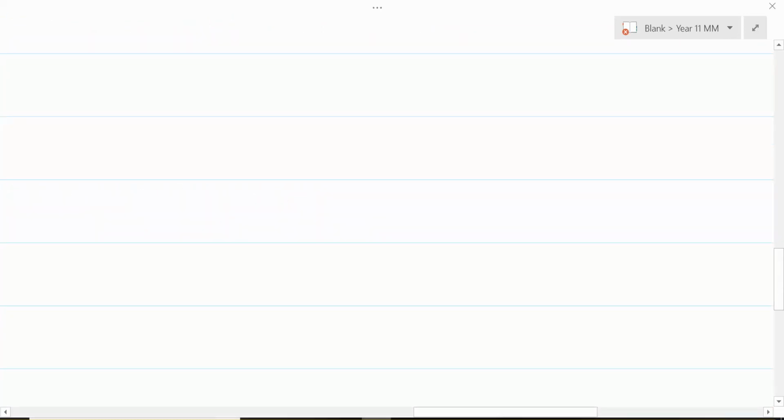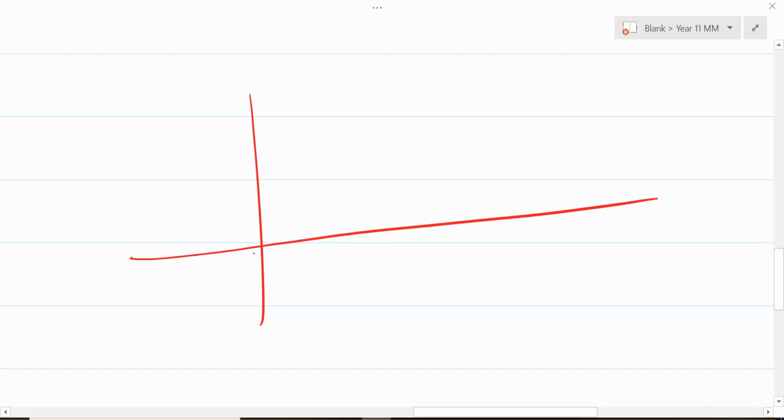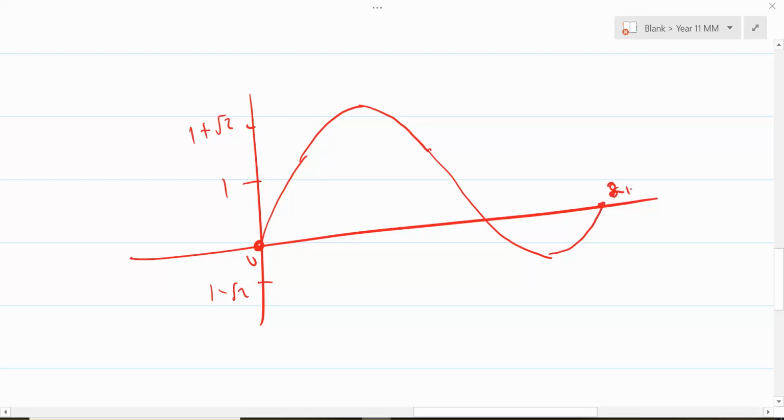So if I just draw it quickly, it should have started at 0, it would have gone up, and the center was at 1, so it reaches its maximum, comes back to the center, comes back down to the minimum, which was at 1 minus root 2, the maximum was 1 plus root 2, and it would have finished at 2 pi.